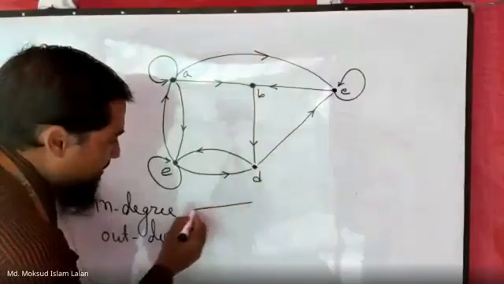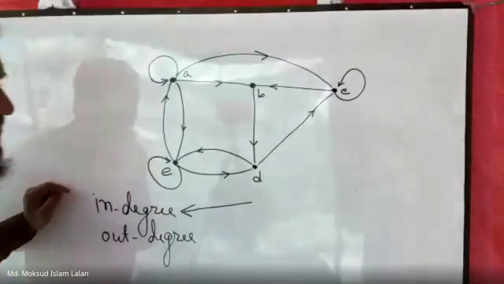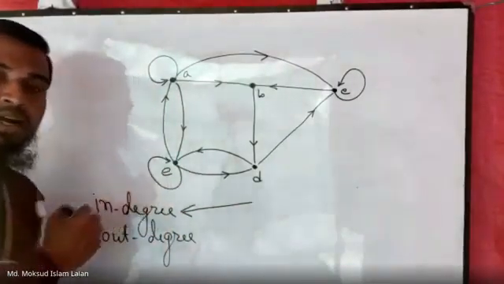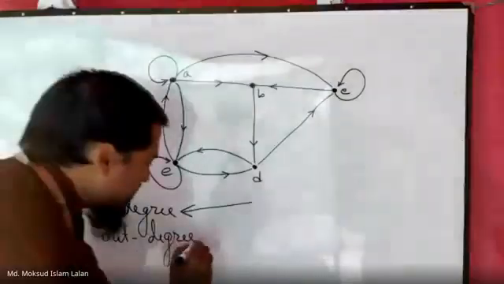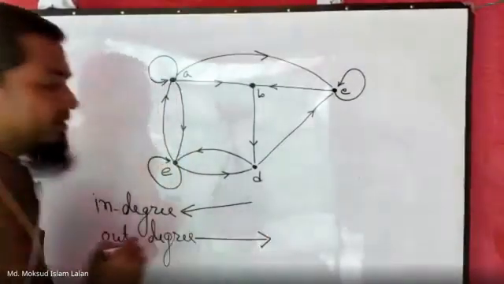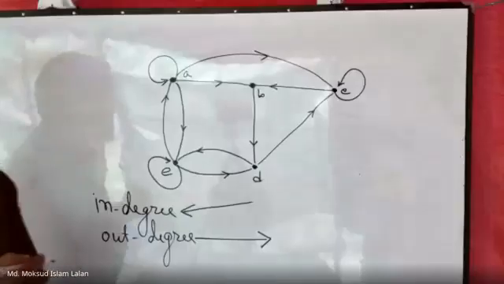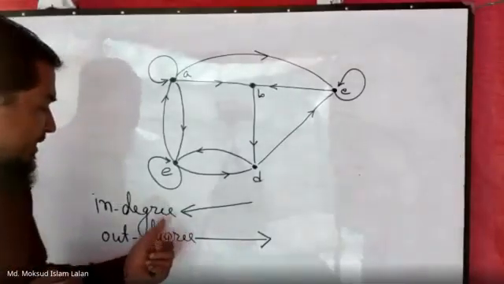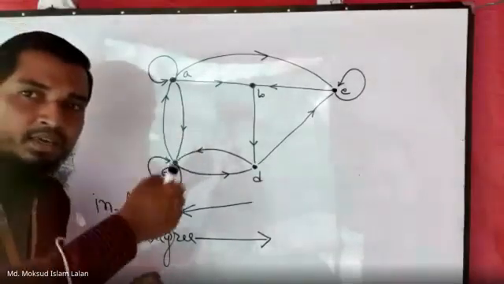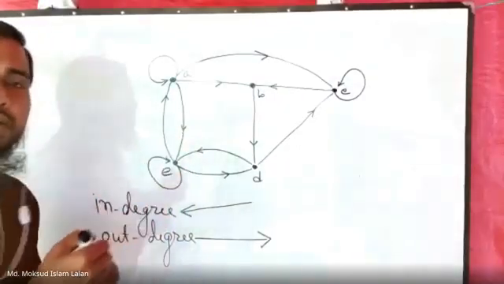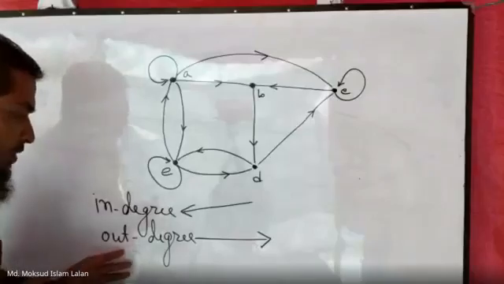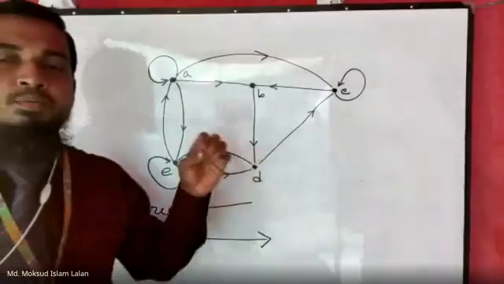In degree means it's coming towards the vertex. Out degree means it's going from that vertex, the direction. In degree means coming towards the vertex, and out degree means going out from the vertex.